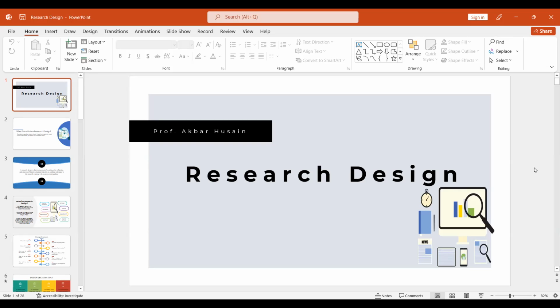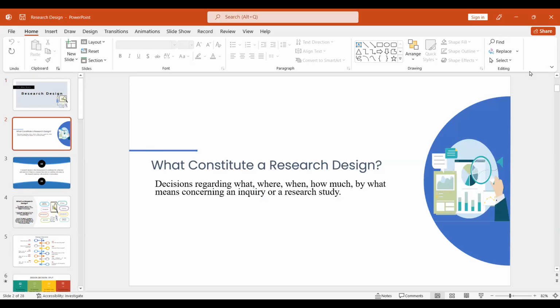Decisions regarding what, where, when, how much, and by what means concerning an inquiry or a research study constitute a research design. Now the question is, what constitutes a research design? Decisions regarding what, where, when, how much, by what means concerning an inquiry or a research study.